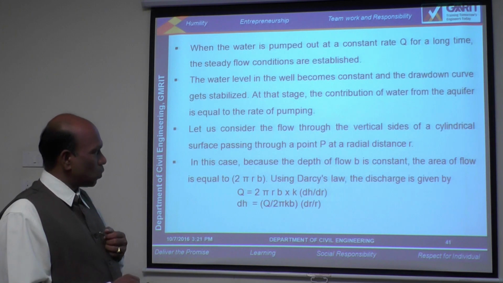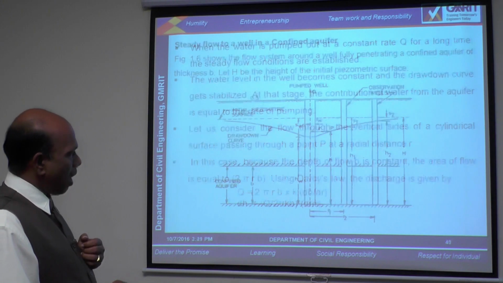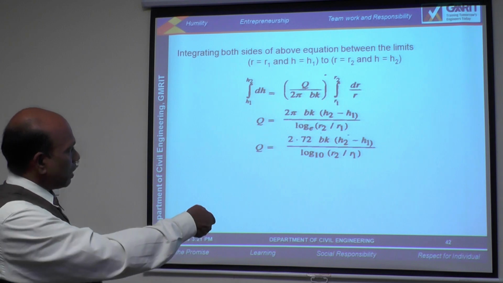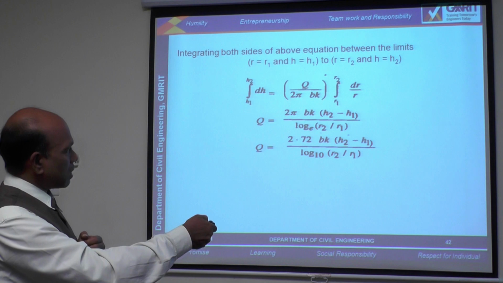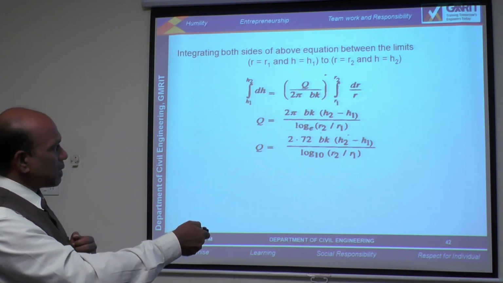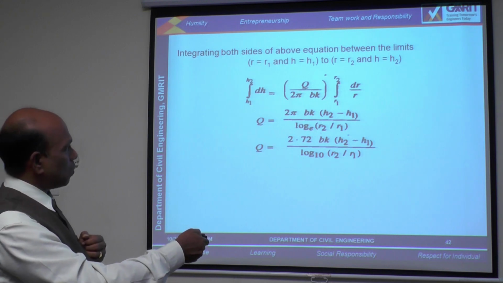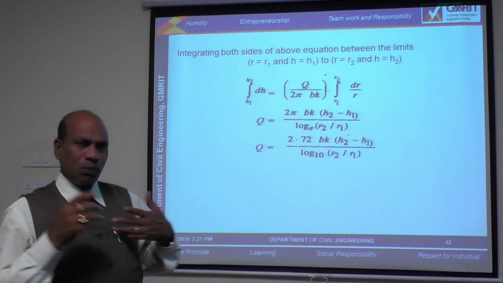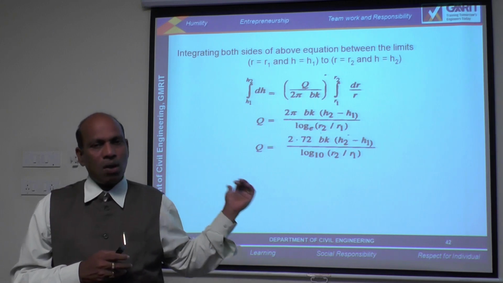By substituting these two values in this equation, finally, instead of H2 minus H1, we have S1 minus S2. Here H2 is nothing but capital H minus S2, and H1 is capital H minus S1. Then we are going to discuss these r1, r2 related formulas.